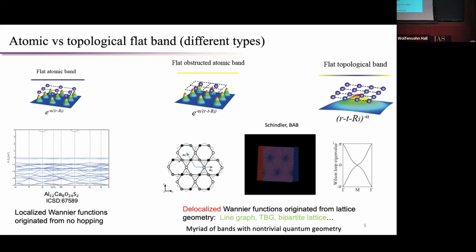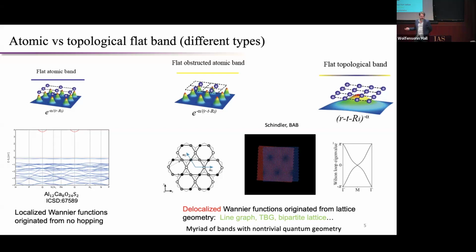What happens in this compound is you have some layers which are very close together, whose electrons give you this dispersion, and then you have some atoms away from those layers whose electrons give you this localized state. This is a state that's not very interesting, at least for the purposes of today. It's very interesting for other purposes, because again, you can do Hubbard model simulators, but for today it's not interesting because it's a localized wave function.